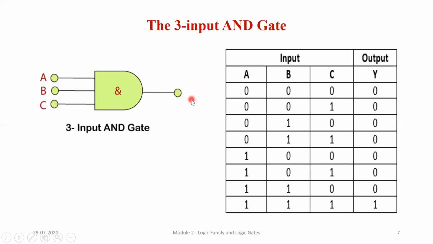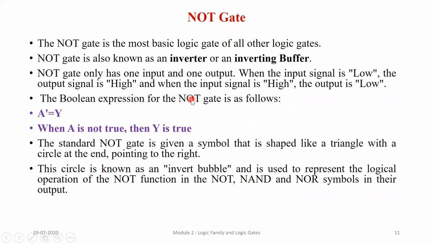Here is my Y. Now, this sentence states that it is given by a symbol. See, till now we never discussed this point. I had just shown you the symbol. It is shaped like a triangle with a circle at the end point. So once the triangle ends, there is that bubble kind of thing. That circle shows you the invert operation.